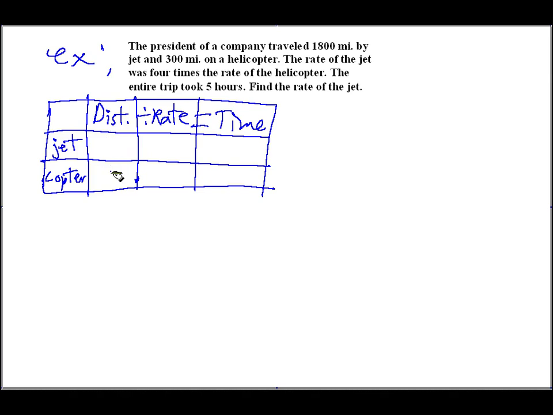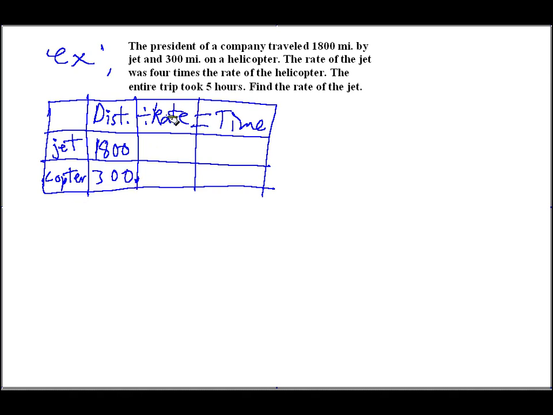So the jet's distance is 1,800 miles. How about the helicopter? This president flew 300 miles on a helicopter, so the distance covered by the copter is 300 miles.